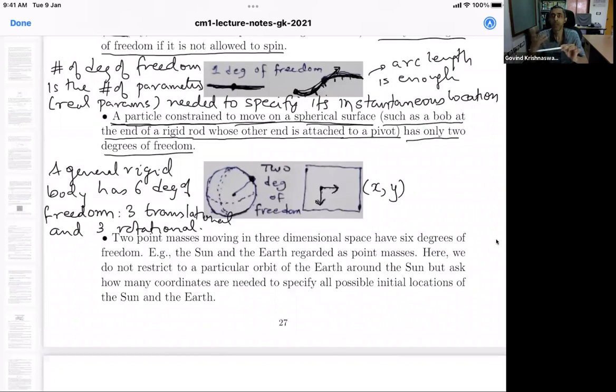There is no 2nd and 3rd rotational degree of freedom because the wire is fixed. The bead can only move along the wire or it can spin. So it will have 2 degrees of freedom. And if I take my idealized bead to be a point which cannot even spin, then even that spinning degree of freedom is lost and it has only 1 translational degree of freedom. Is that understandable? Yes, sir.